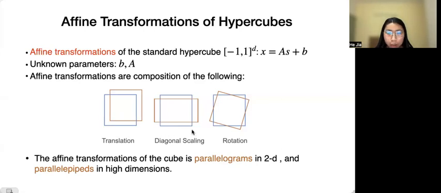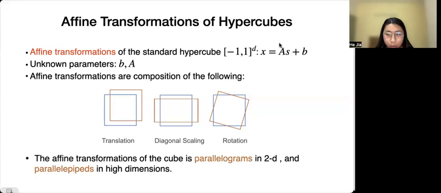And the second one, the scaling or diagonal scaling. Then we have a third operation, the rotation. After rotation, the diagonal is changed to other directions.